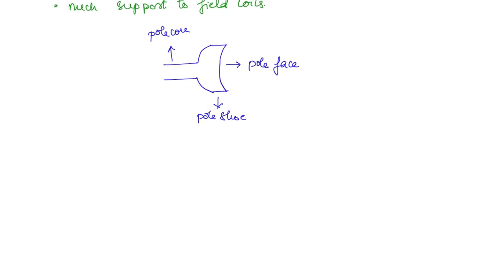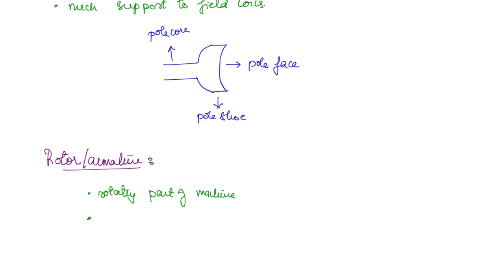Next is the rotor, also called the armature. This is the rotating part of the machine, and it carries the coils. It is slotted to accommodate the coils, and these coils are often called armature windings.